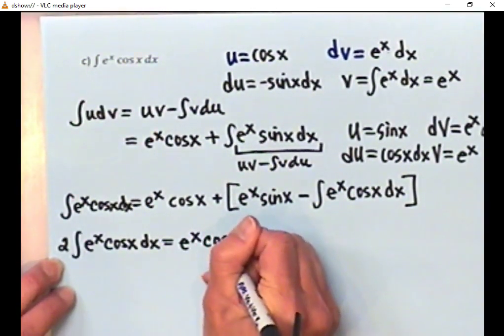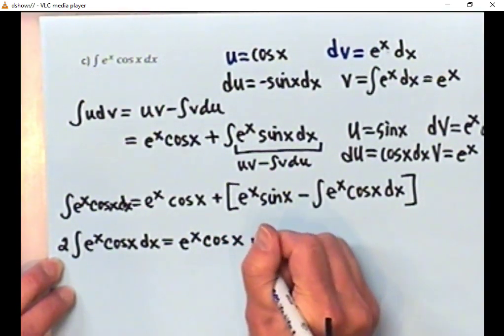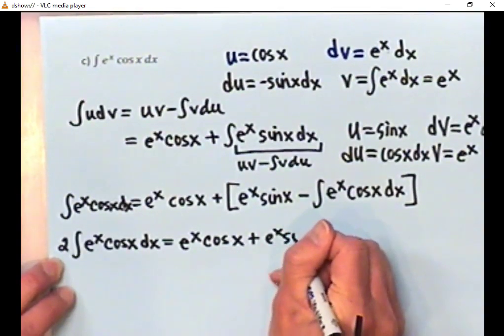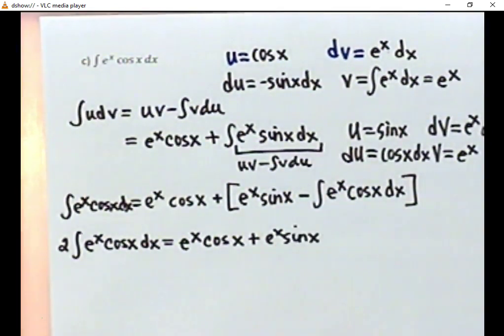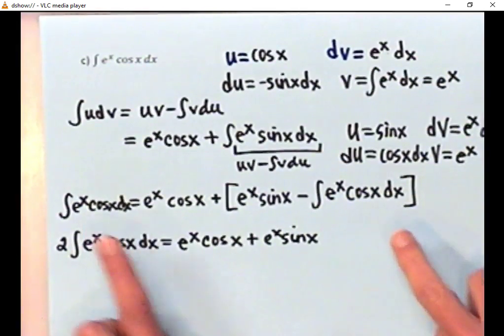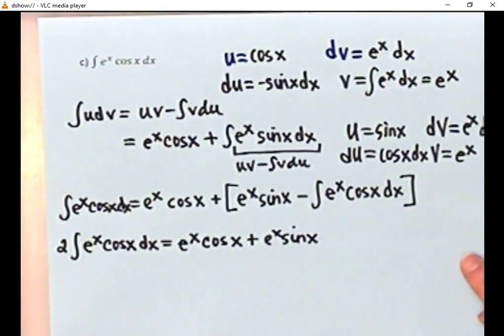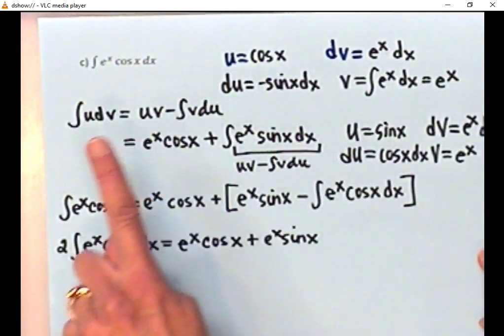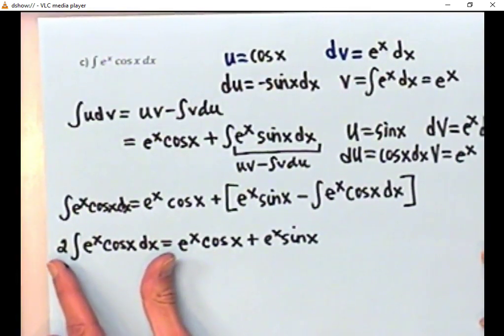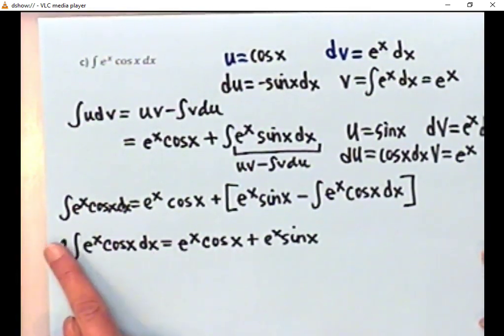So now what do I have left is e to the x cosine of x plus e to the x sine of x. So once you get back to the original one, it's actually a good thing because you can combine them on one side, and then all I need to do is get this by itself, and I'll have what its result should be.